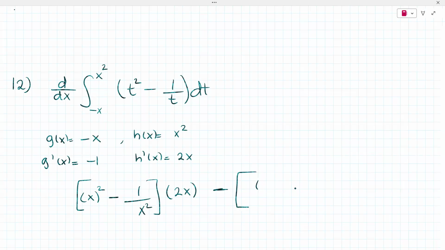So this would be negative x squared minus 1 over negative x, times g prime of x, which is negative 1. Okay.